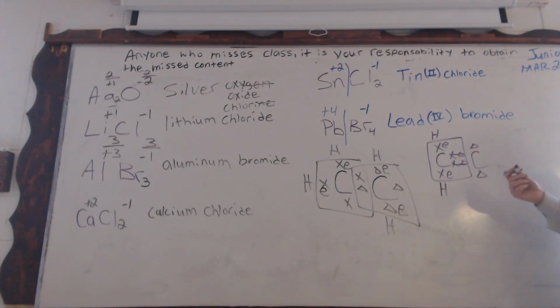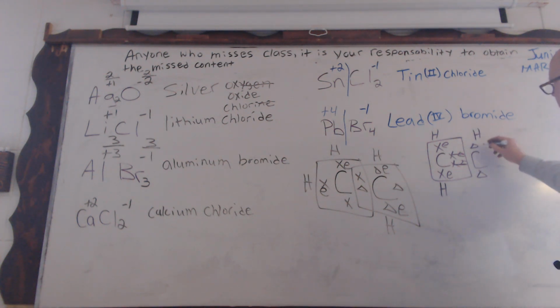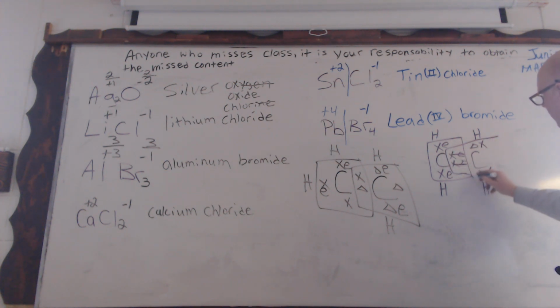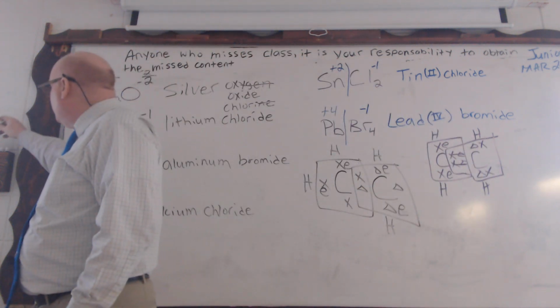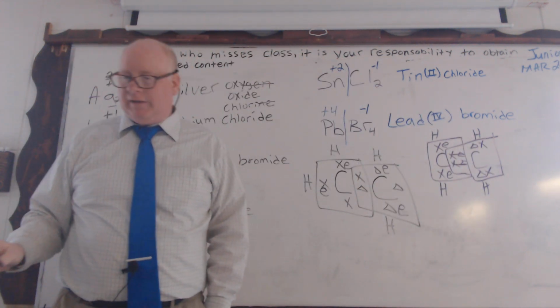How many E's, X's, and triangles are in here? There's 8. So this carbon is now stable. So then you would do the same thing here. And then how many electrons are inside this box now? Same thing. There's also 8. Okay, so we will pick up with this next time.